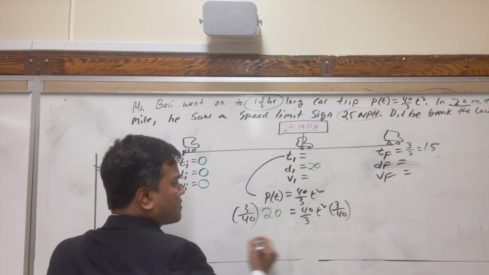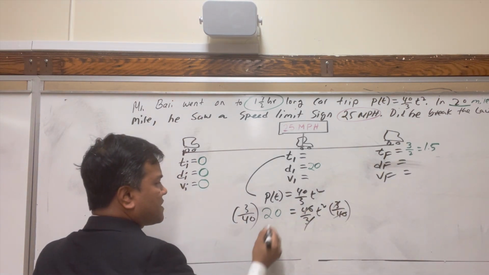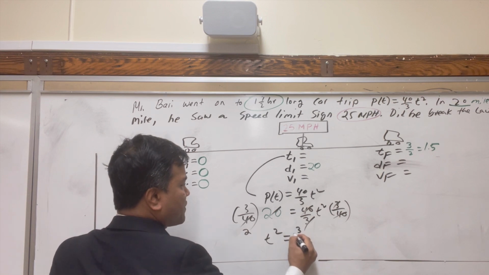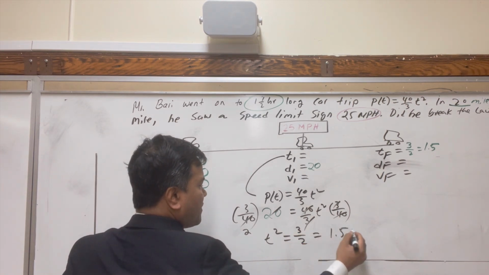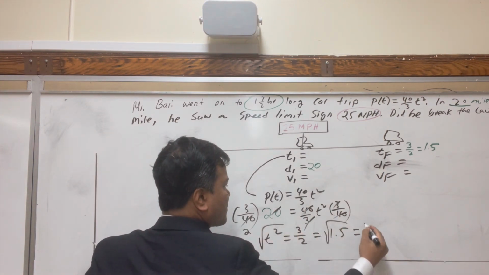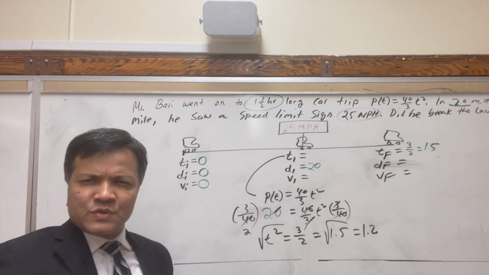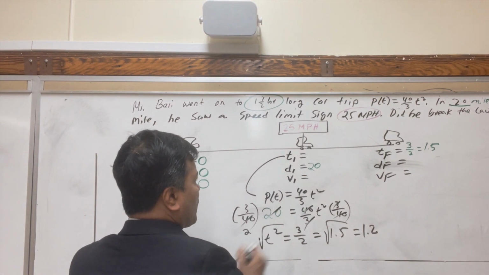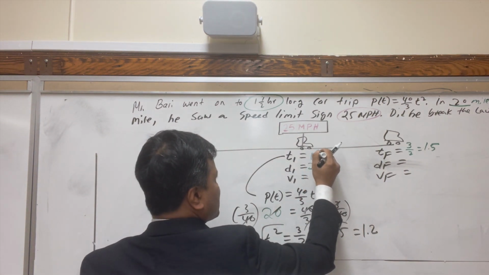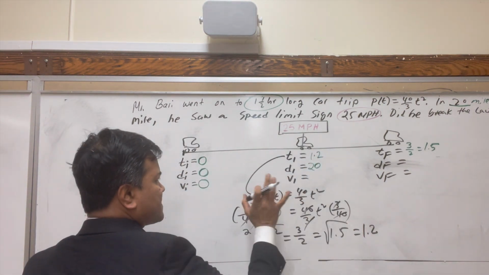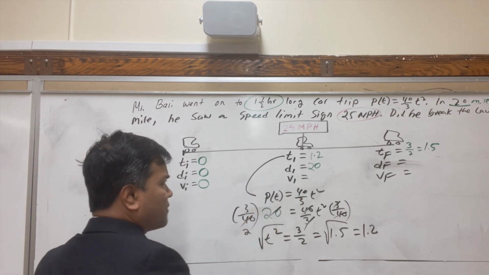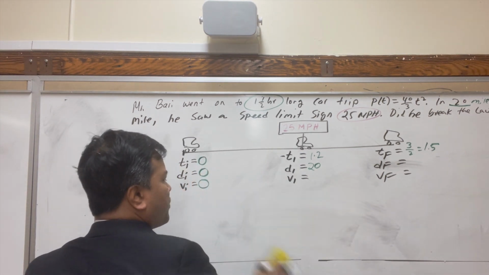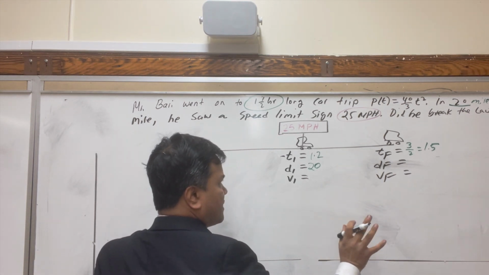The 3 cancels, the 40 cancels, 20 goes into 40 twice. So T squared is 3/2 or 1.5. You square root both sides, you get 1.2. And of course, 1 decimal place tomorrow. 1.2. Now we're going to find the velocity in a second, not now. We'll make progress a little bit at a time.